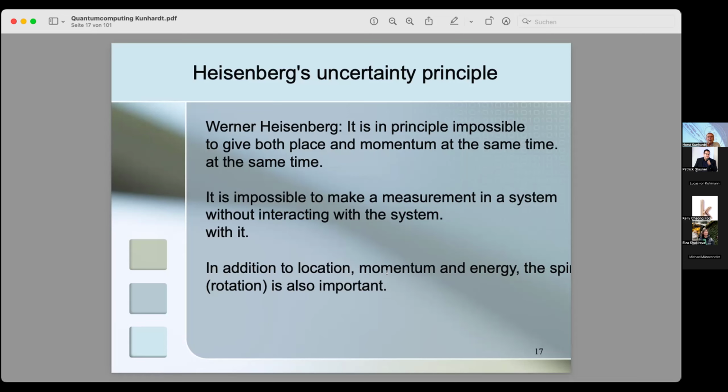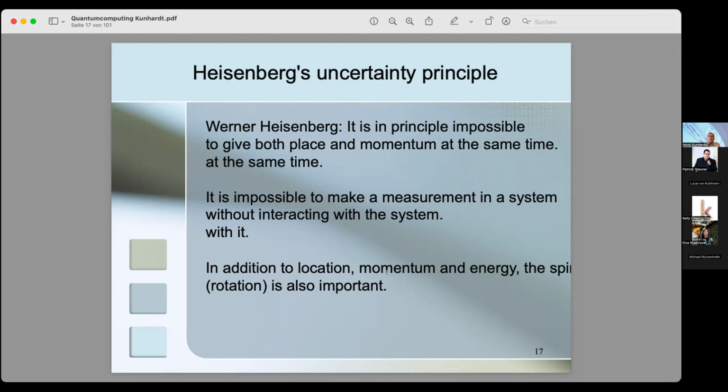So it is also important to understand that, and it is called Heisenberg's uncertainty principle, that you cannot measure speed or spin or energy or momentum or location of a microscopic particle at the same time.